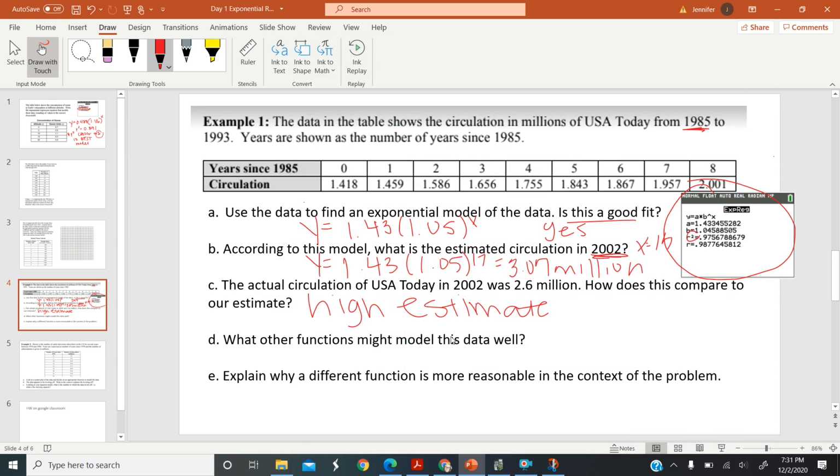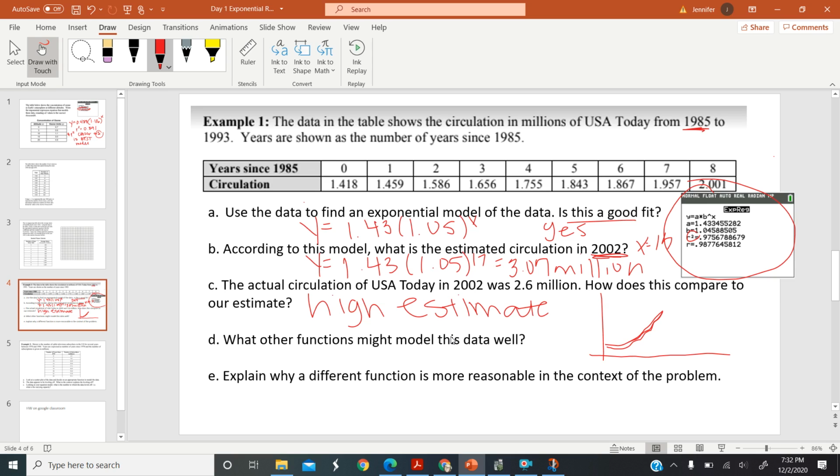And so this is a conversation I'd love to have with y'all in class, but I guess I'll just tell you. If you think about the circulation of USA Today, it starts in 1985, and there was pretty low circulation, and then it started going up. I didn't mean for that line to be shaky. But at a certain point, people aren't going to necessarily be buying USA Today, and it's going to start leveling off, maybe even going back down.